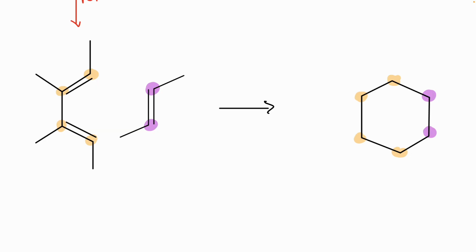I need to put in my moved pi bond here, and then I need to decorate with all those methyl groups that are about my diene. So if I look, carbon 1, 2, 3, and 4 all have a methyl group. Okay, in my dienophile, my 2 carbons also each have a methyl group.